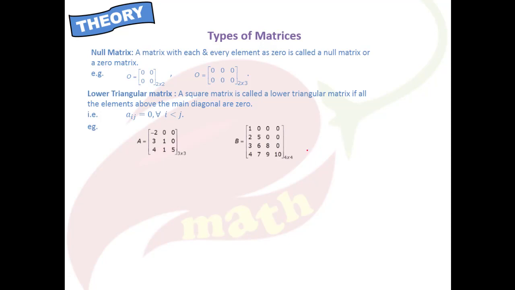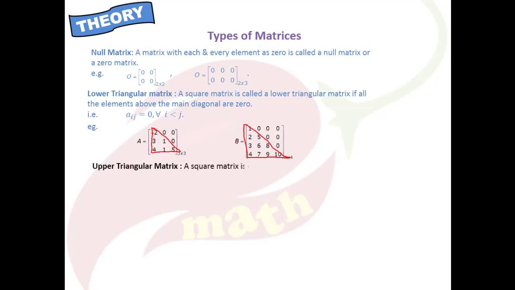So these are the examples. If I draw like this, it looks like a triangle towards the lower side, so we call it a lower triangular matrix. Same is the case with this example, and all the elements above this diagonal are 0. Same in this case.